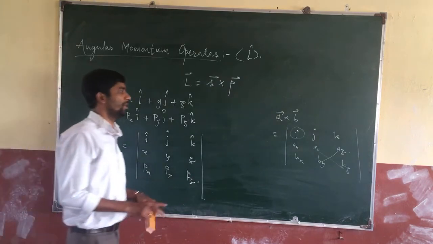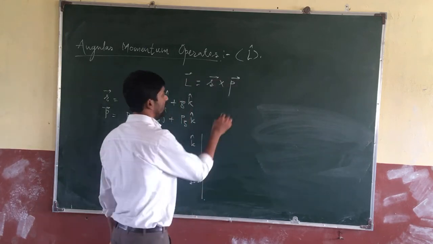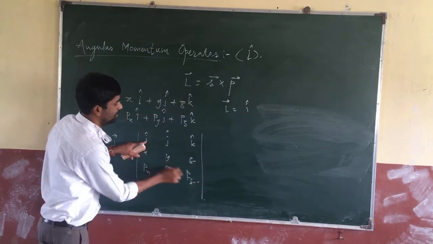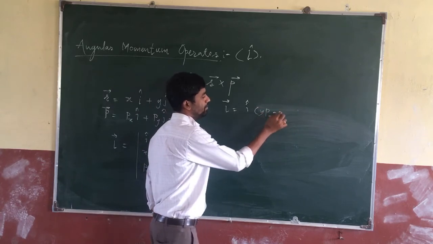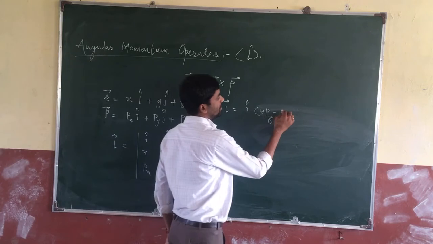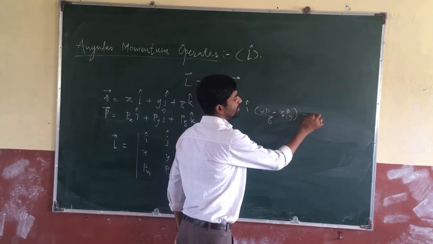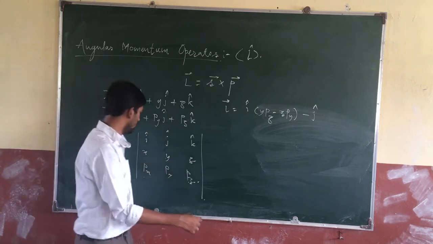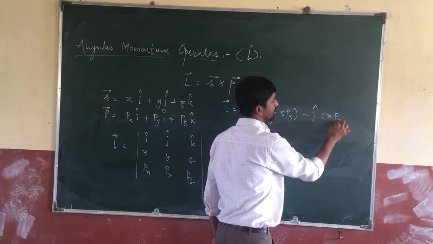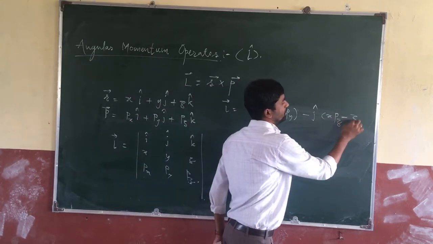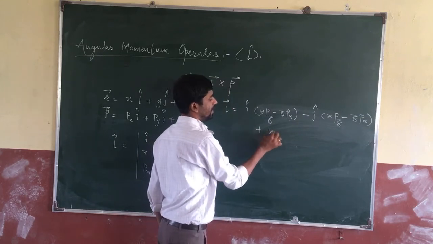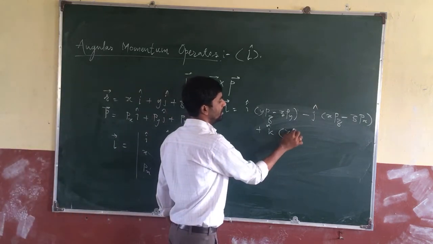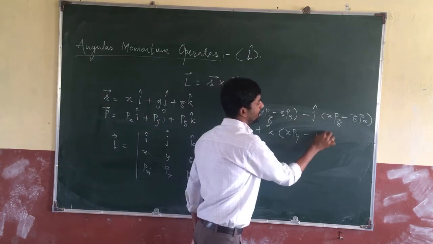If you solve this complete term, you get L equals i cap times (y pz minus z py), minus j cap times (x pz minus z px), plus k cap times (x py minus y px).